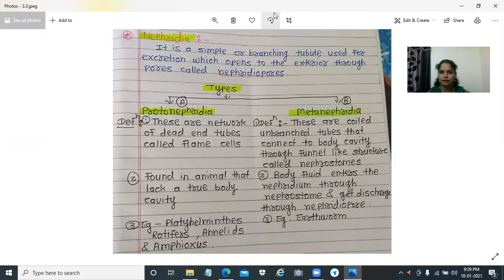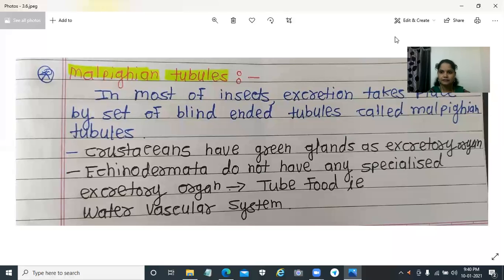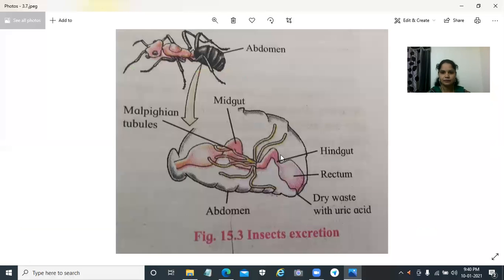Now, when we study other structures like the insect excretory system, they have Malpighian tubules. In most insects, excretion takes place with the help of blind-ended tubules called Malpighian tubules. These are the Malpighian tubules. It's about the insect excretory system.